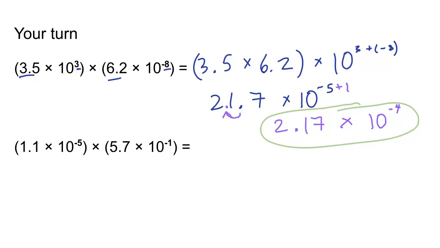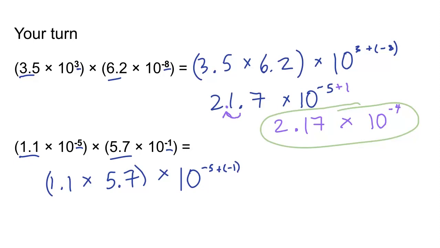Next you have 1.1 times 10 to the -5th times 5.7 times 10 to the -1. So start by multiplying the coefficients, which gives you 1.1 times 5.7 times 10, and then add the exponents, which are -5 and -1. -5 plus -1.